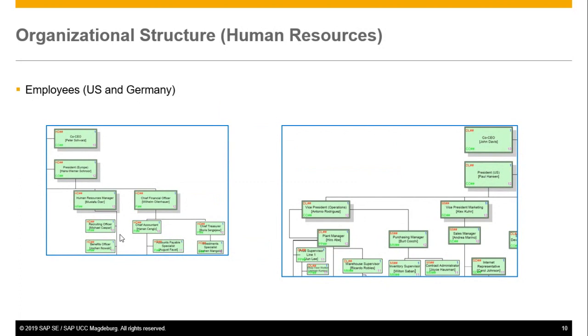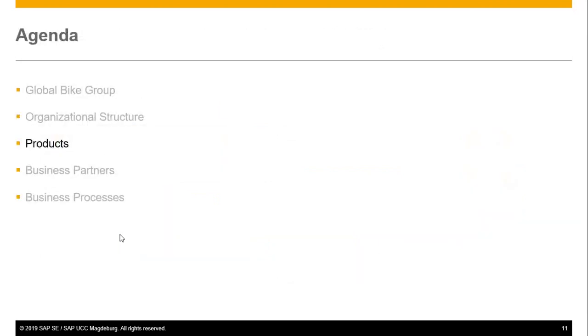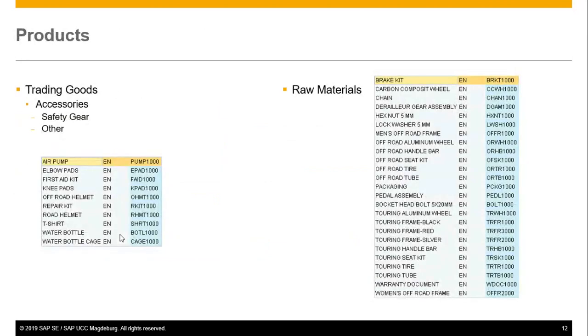The left side is US, so you are somewhere on the left side, and your company is selling these products. What products is your company selling, which you just joined? You are selling trading goods, and within trading goods, you are selling some accessories with bicycles, like safety gear, like locks.